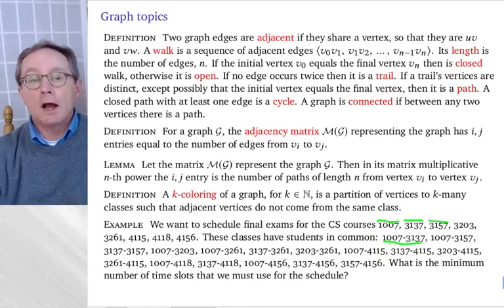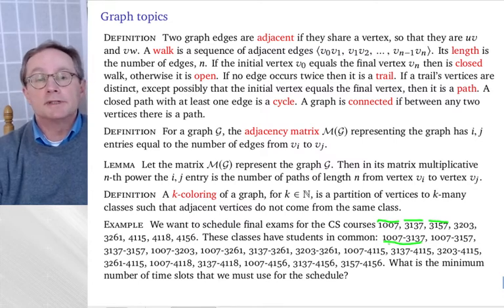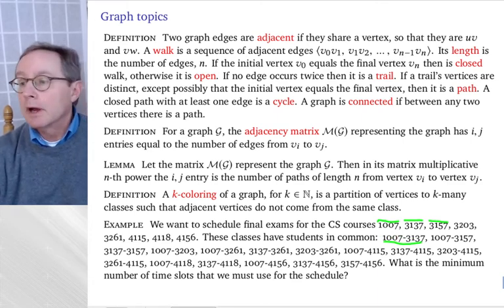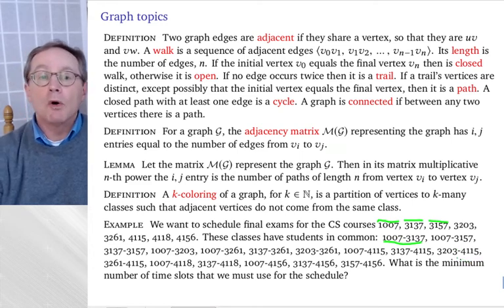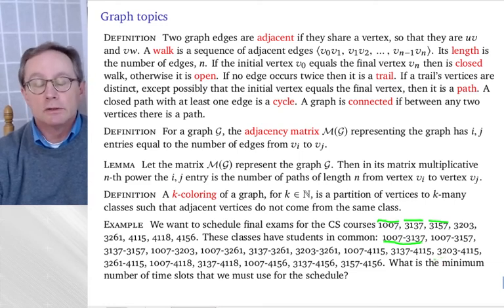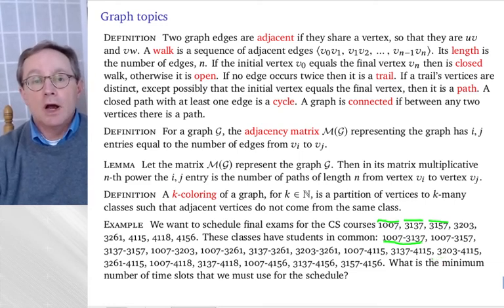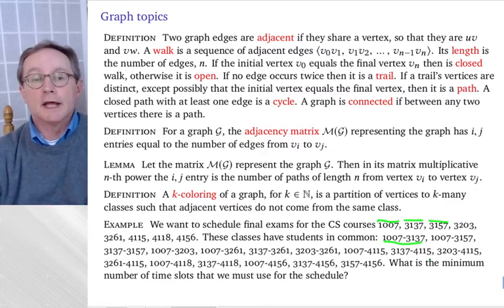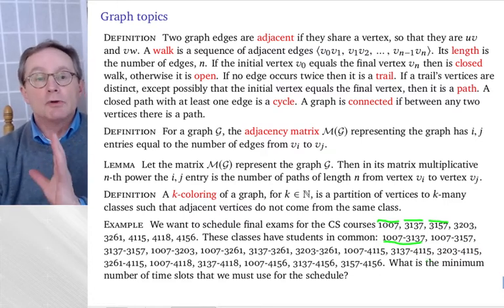So you might color all of the classes that are going to be scheduled at 8 o'clock in the morning. You might color them blue. Well, one of these might be blue, but they can't both be blue. And likewise, 1007 here and 3157 can't both be colored the same color. They can't both be blue, they can't both be green, whatever color. So the idea of coloring is you have to break the vertices into different categories, and the categories happen to be called coloring, but don't worry about the name.